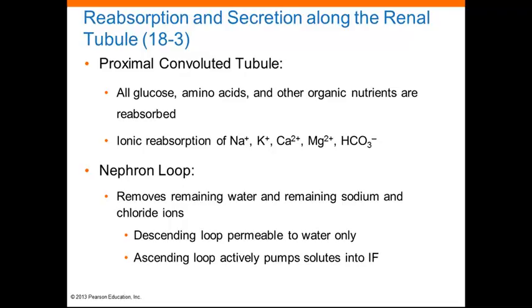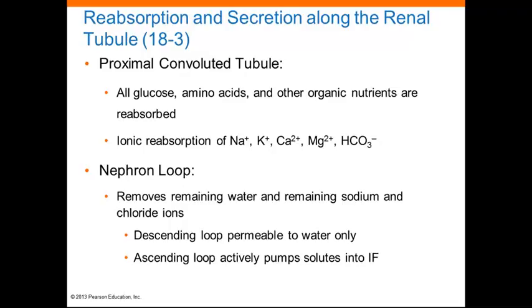Filtrate entering the nephron loop already has most water and solutes removed, but the nephron loop removes 50% of the remaining water and 66% of the remaining sodium and chloride ions. The descending loop, which is permeable to water only, loses water to the interstitial fluid.